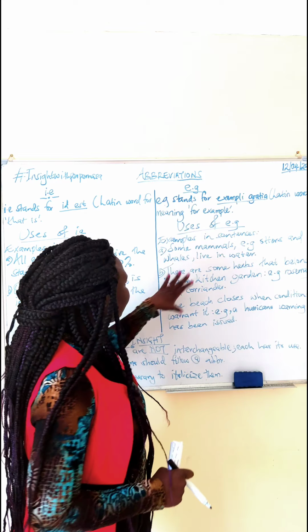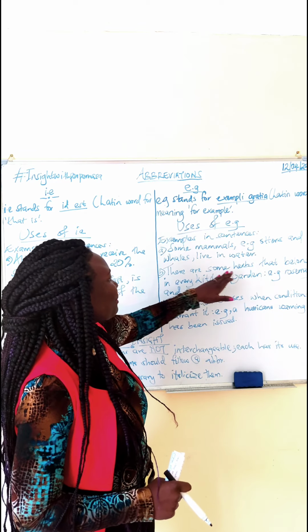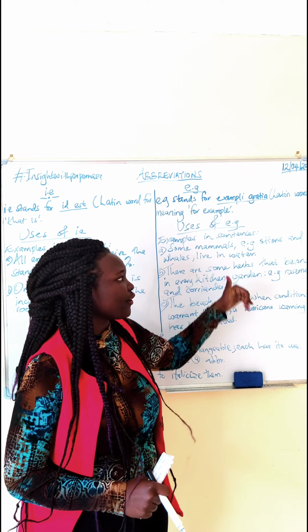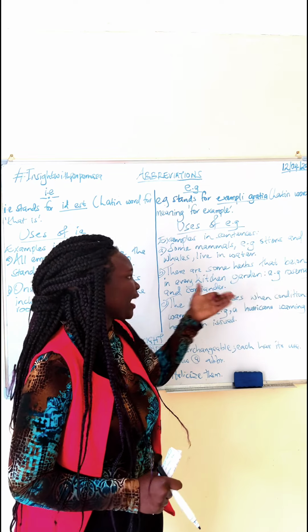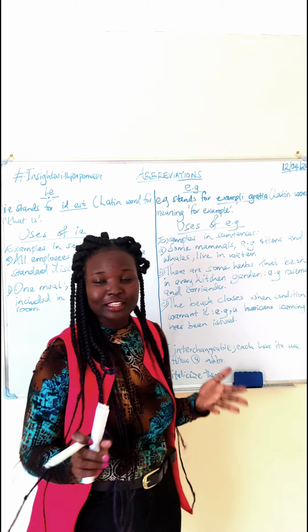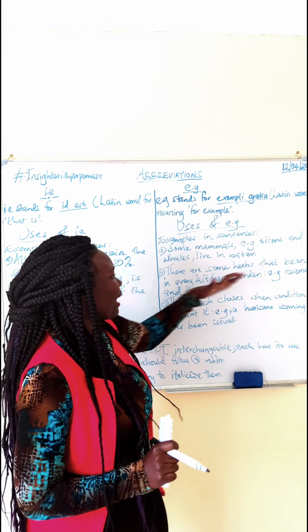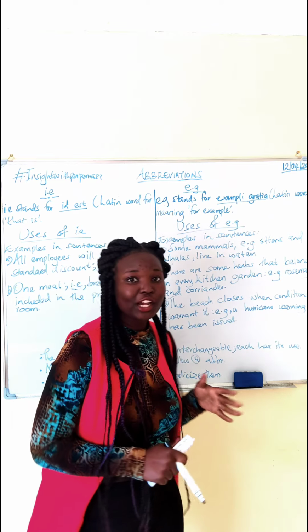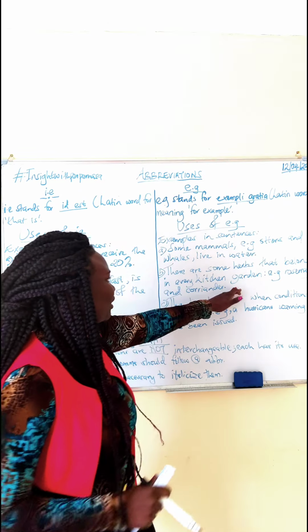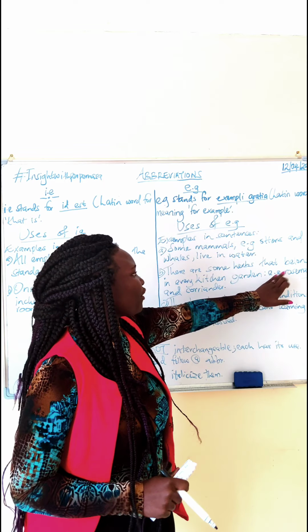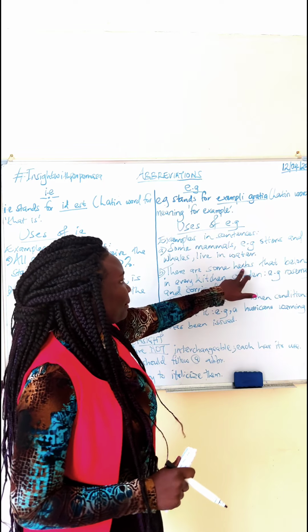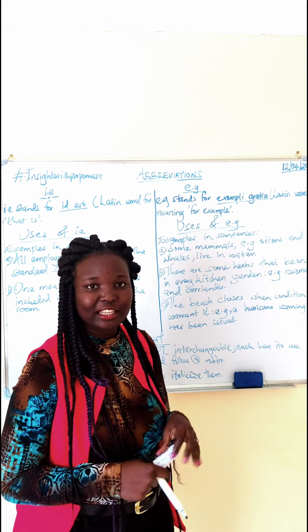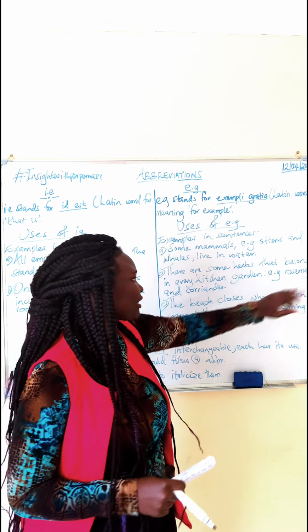The next example: there are some herbs that belong in every kitchen garden, for example rosemary and coriander. So in this case, we're giving examples of herbs that you expect to be placed in every kitchen garden. We've given two examples there.